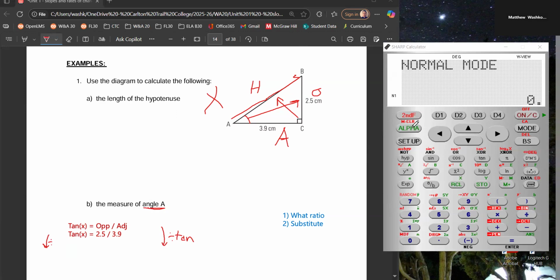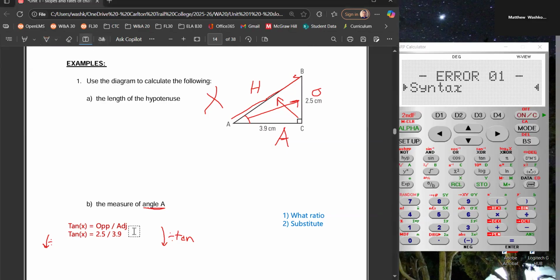So pay attention to this. Stop writing. Don't use anything in your calculator. Look at what's about to happen because it's going to cause an issue. So, okay, 2.5 over 3.9. And I'm going to divide this whole thing by, if you look in your calculator, there's a tangent button, T-A-N. Divide it by tangent. That's going to be the answer. Breaks your calculator. You can't actually divide by tangent. It doesn't work that way.